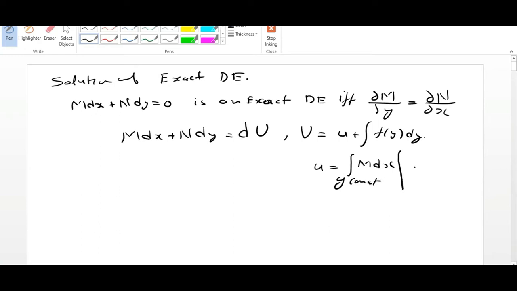And we also know that capital N is, what is the value of capital N? Anybody? Please tell me. ∂u/∂y, yes, ∂u/∂y plus some function of y.